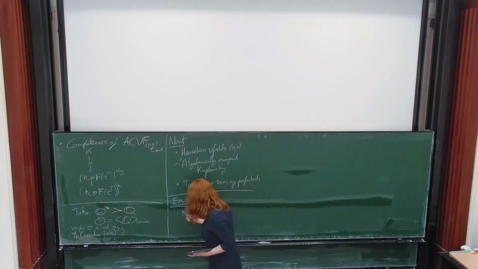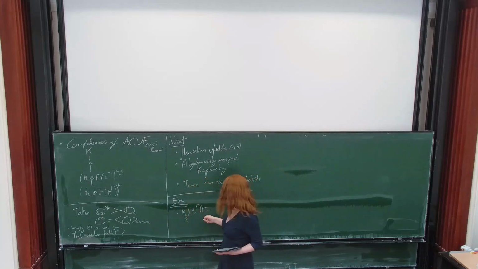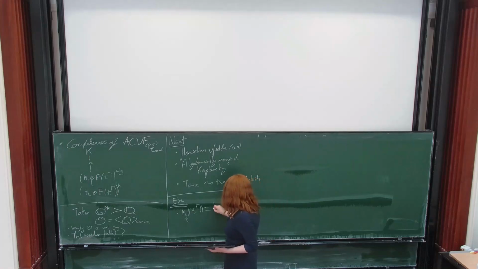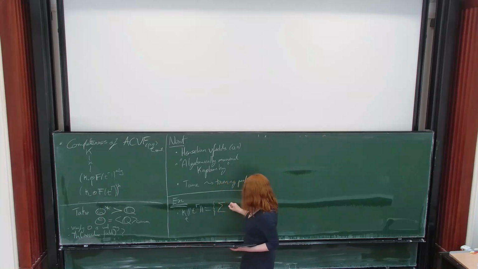This is going to be the set of formal sums, let's call it a gamma t gamma, with gamma running through Gamma.